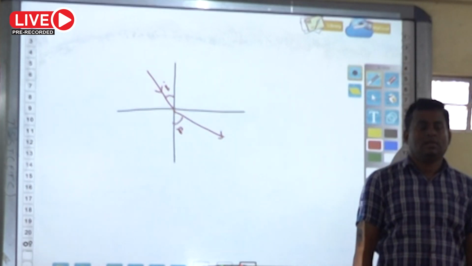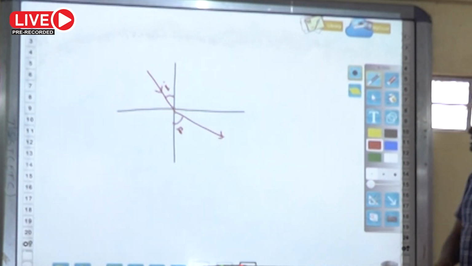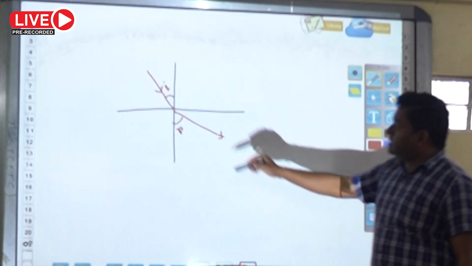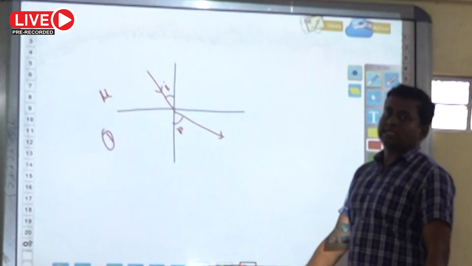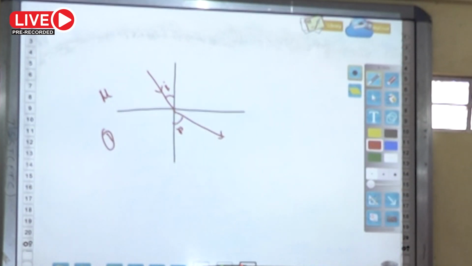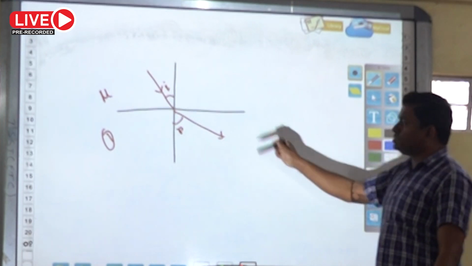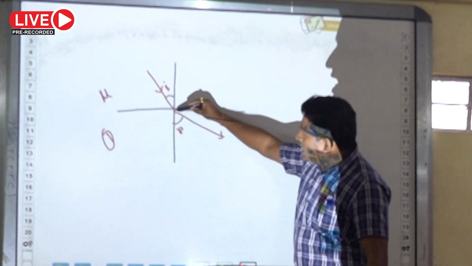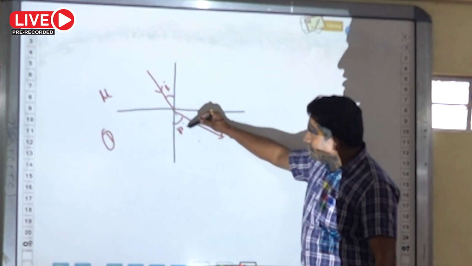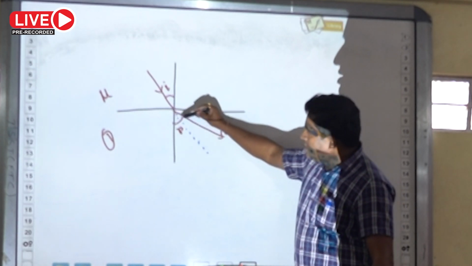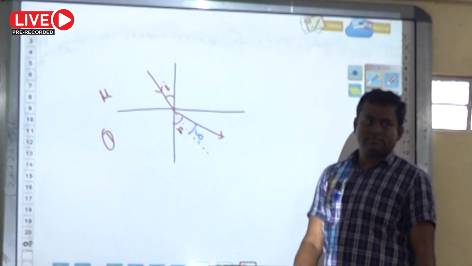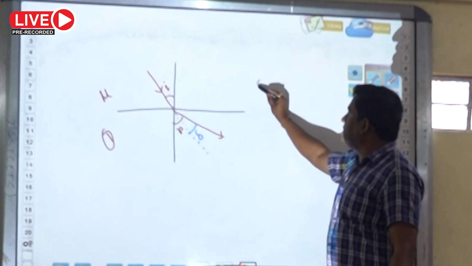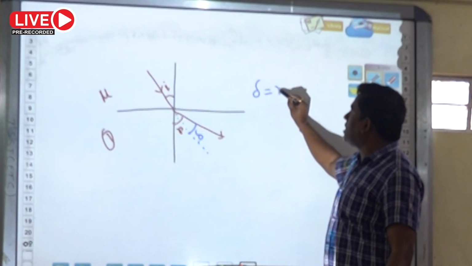Okay. Now, since this is mu and this is 1, air, the light is traveling from denser to rarer. Now in this case, if there is no such difference of medium, the light ray will travel along this path, then this is the deviation angle, delta. So we can write delta equal to r minus i.